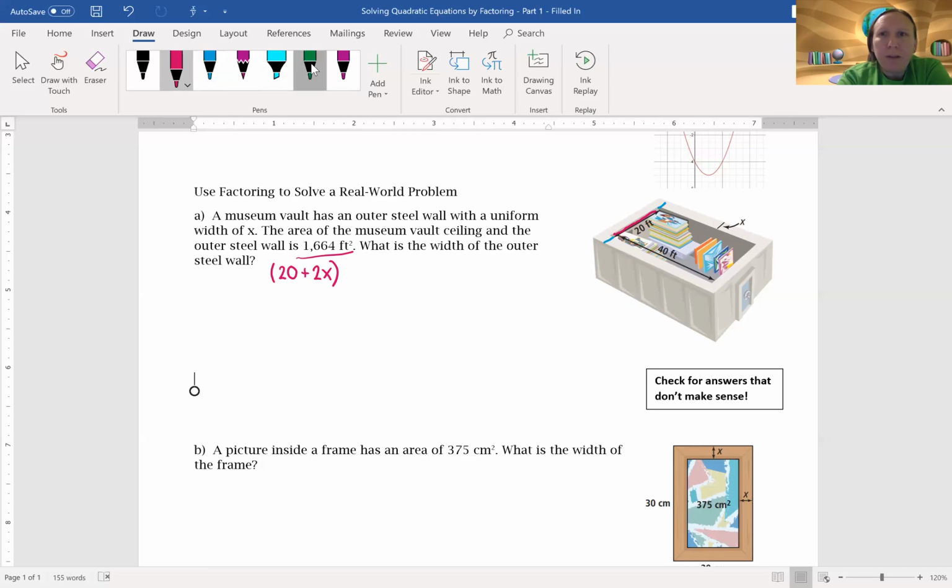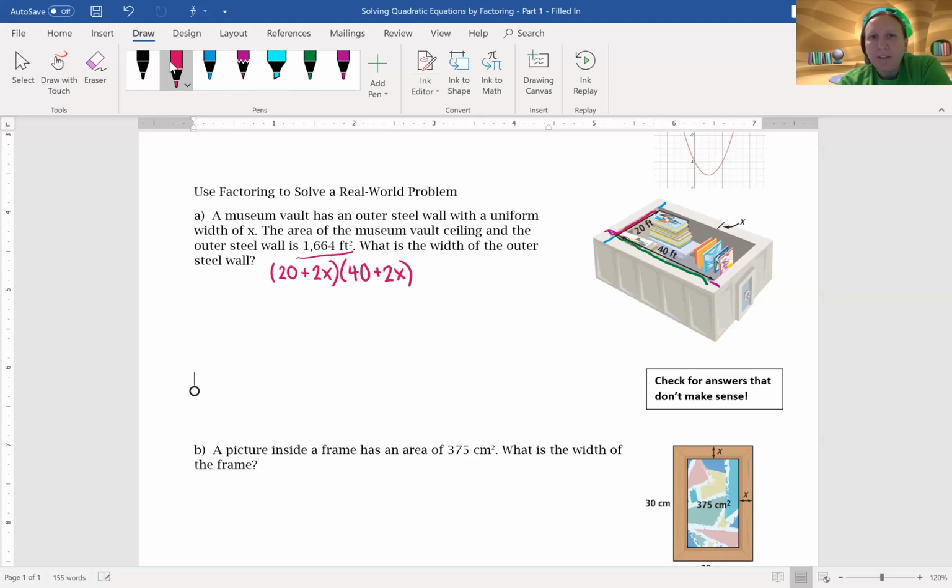For the other one, we have 40 feet, but we also have an X width here and an X width here. So that one's going to be 40 plus 2X.